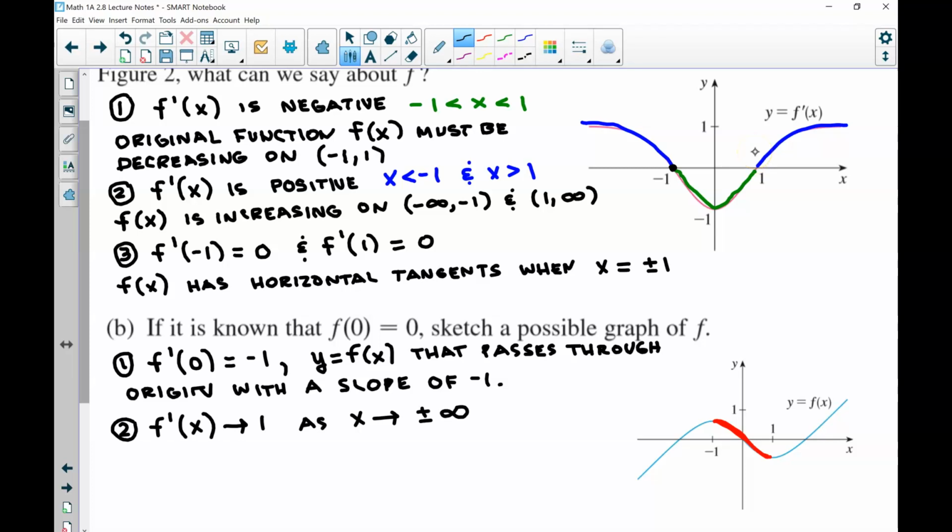So from that, we can say that the slope of the curve y equals f of x approaches 1 as x becomes large.